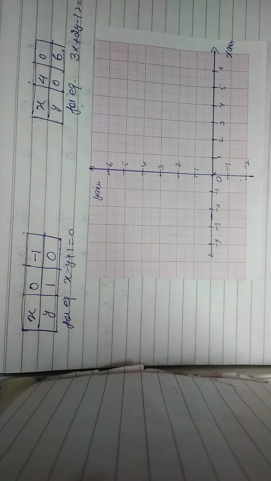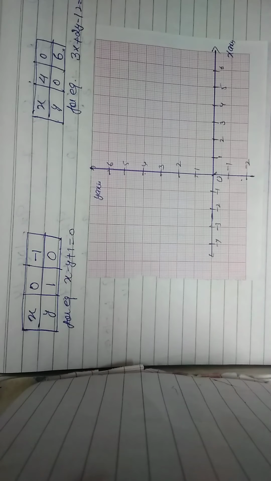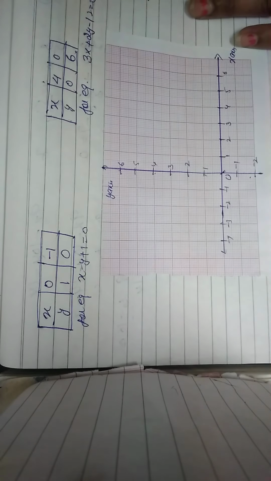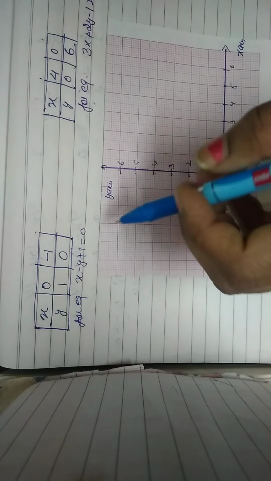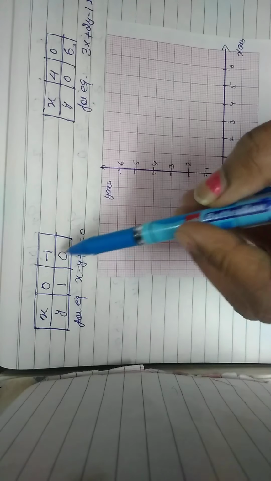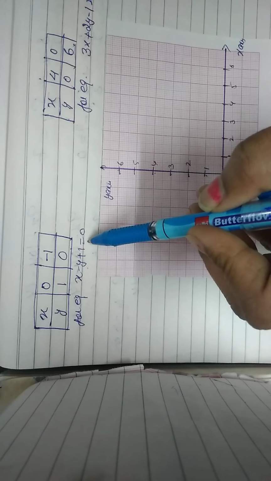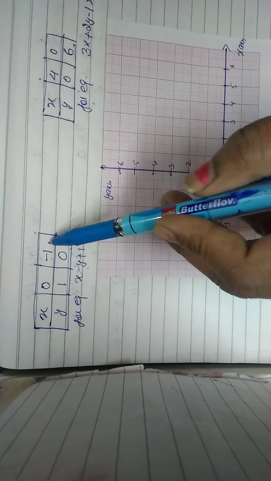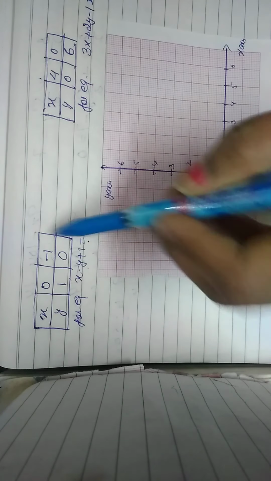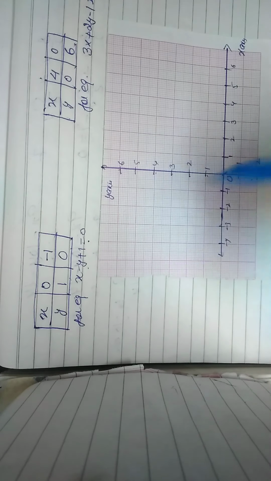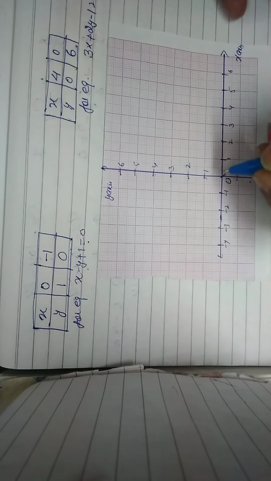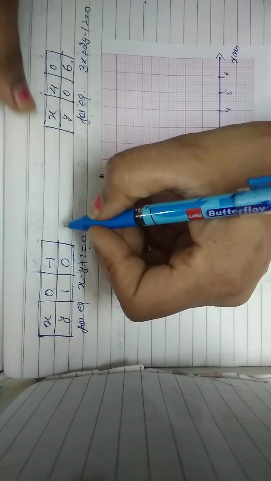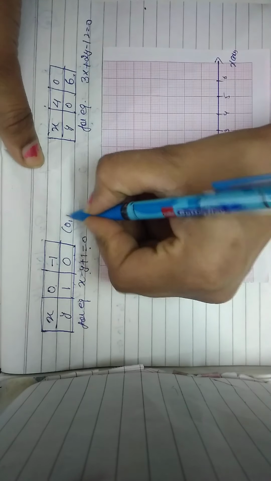Now we plot the graphs of both equations. First equation, x minus y plus 1 equal to 0. The table solution of this equation is: if x is 0, y is 1, and if x is minus 1, y is 0. First we plot these coordinates on the graph paper. First, x is 0, y is 1, read that coordinate as (0, 1).